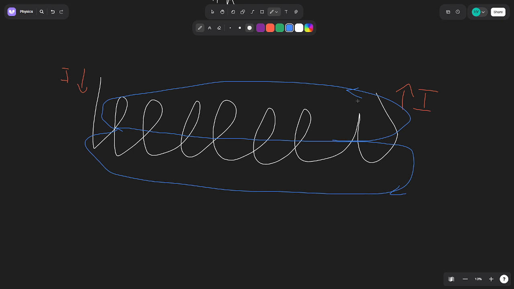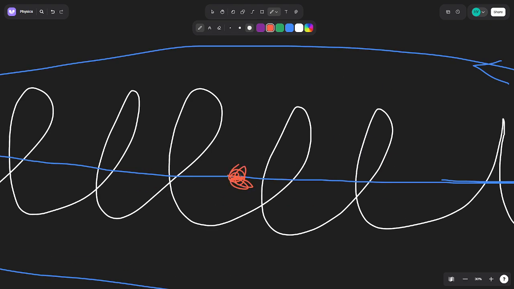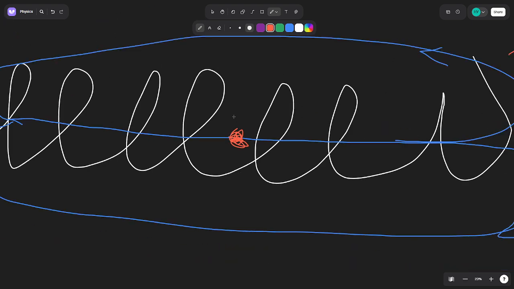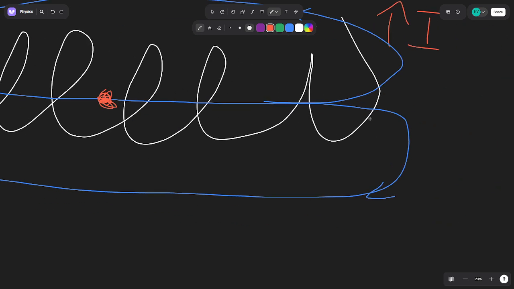Outside the solenoid, the magnetic field is very weak. At this point, at the center of the solenoid, the magnetic field is really strong. But even at this point, it's not gonna be as strong as it could be.